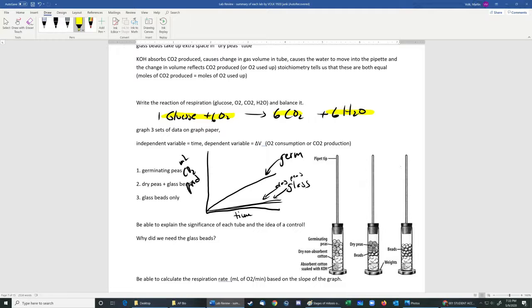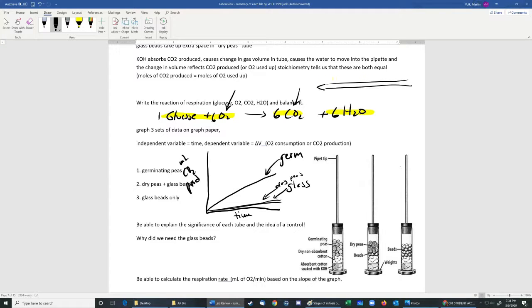The dilemma is that if you decide to look at the oxygen consumed, the problem is that for every volume of oxygen that's consumed, the same volume of CO2 is produced. So stoichiometrically, these two are equal. For every 6 moles of oxygen, 6 moles of CO2 is produced. So that's an issue if you're measuring a volume in a container with this pipette.